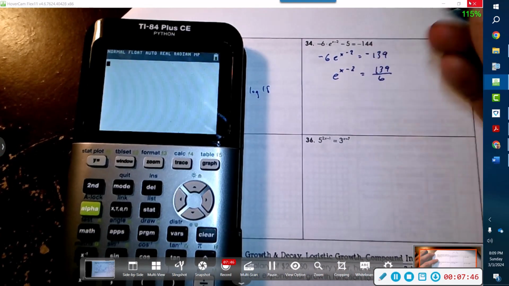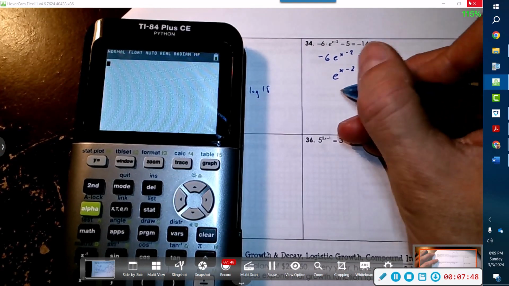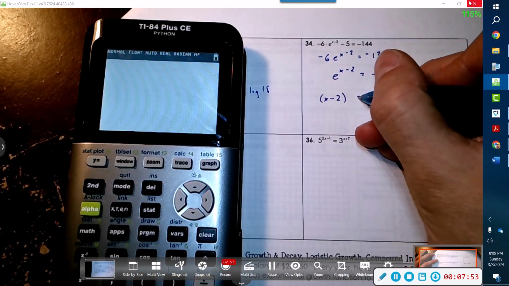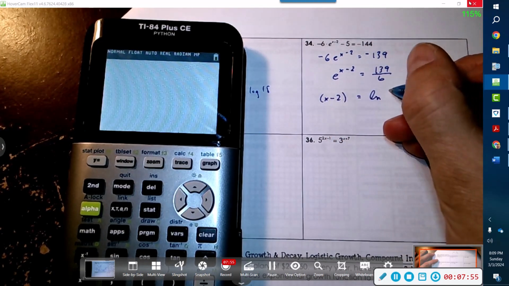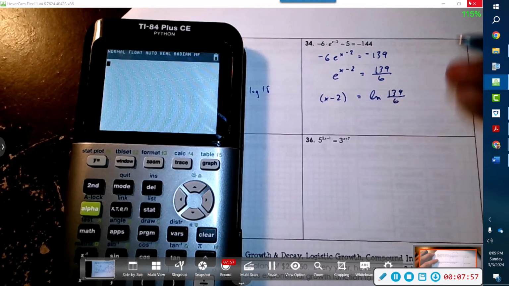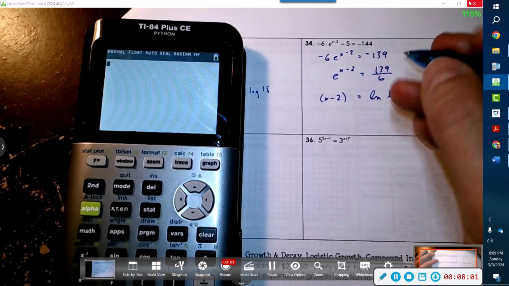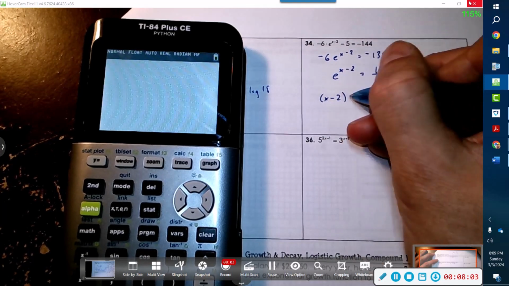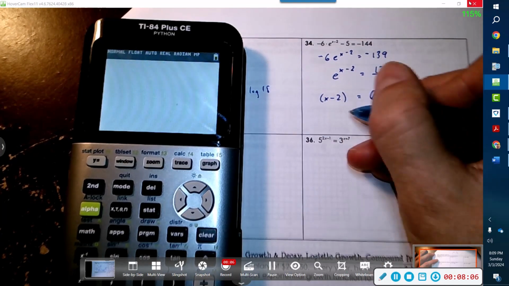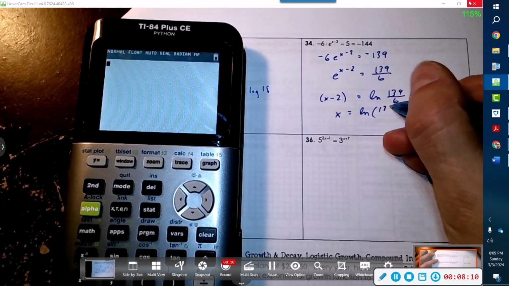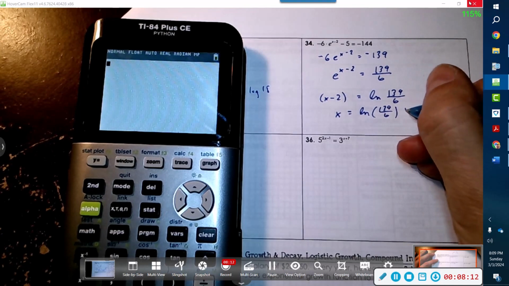Now we have to take the ln of both sides. So that would be x minus 2 equals the ln of 139 over 6, times the ln of e, which is just 1. So now x equals the ln of 139 divided by 6 plus 2.